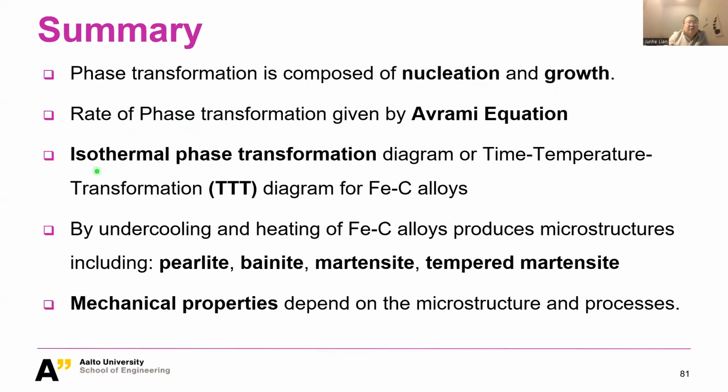Then I introduced you the isothermal phase transformation diagram, also called the TTT diagram. We made a very deep investigation about steel or iron carbon alloys, and you learned all these different phases: perlite, bainite, martensite, and tempered martensite. And all of them correspond to different mechanical properties.